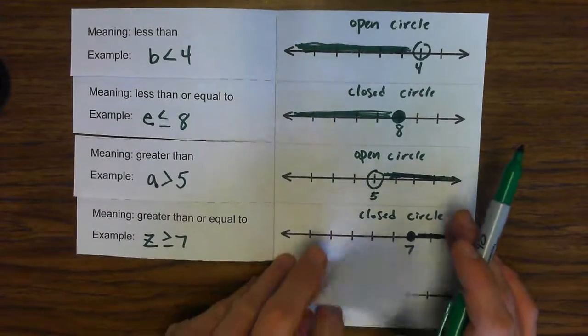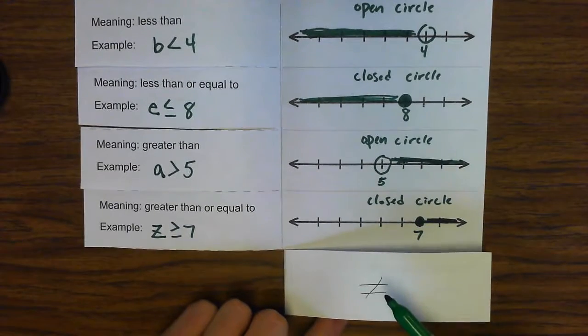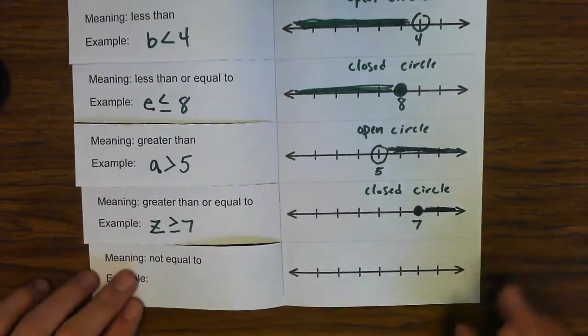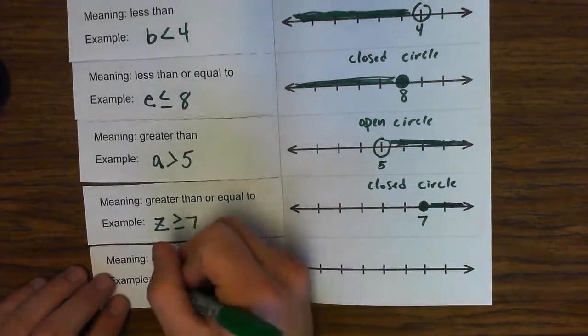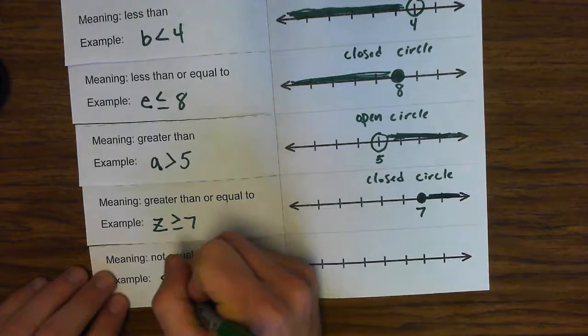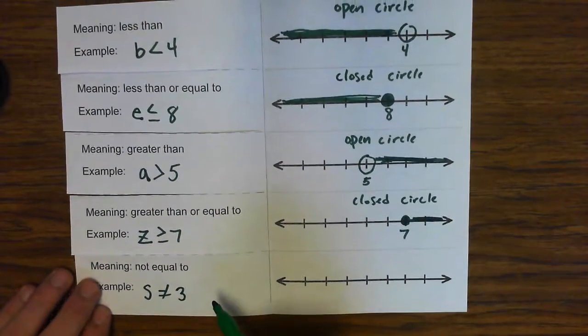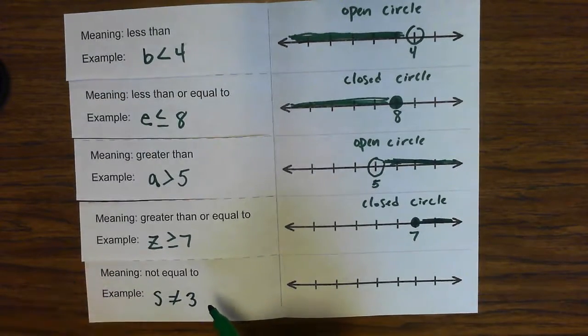Alright, and the last one is this kind of strange symbol that you won't see that much, but it means not equal to. So an example would be S is not equal to 3. So we don't know what S equals, but we know that it does not equal 3.